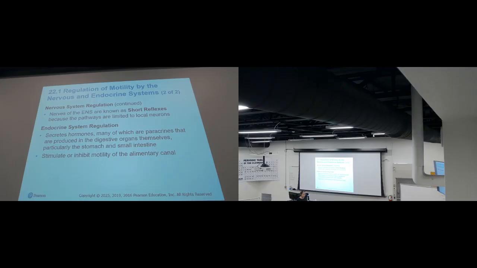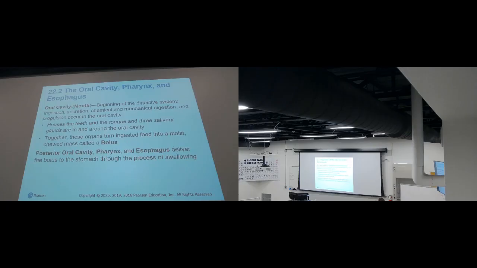With that movement, you can control digestion as well. So they can stimulate or inhibit motility of the alimentary canal. Questions about the motility of the intestine, the control of the alimentary canal?